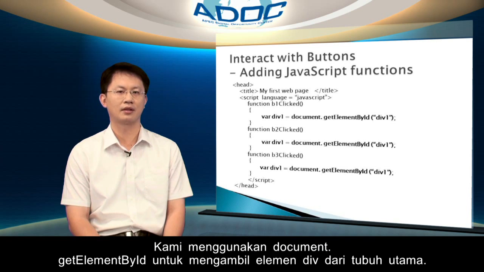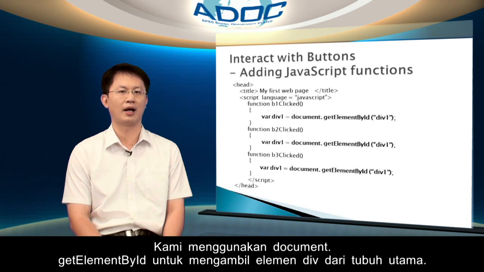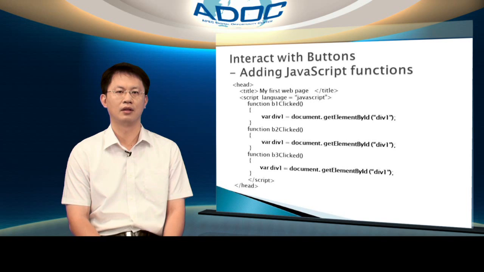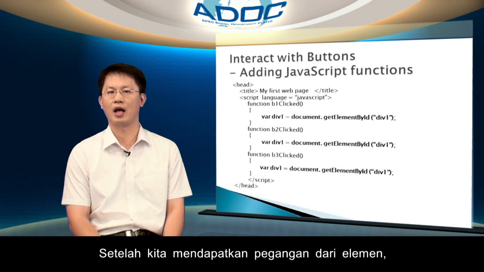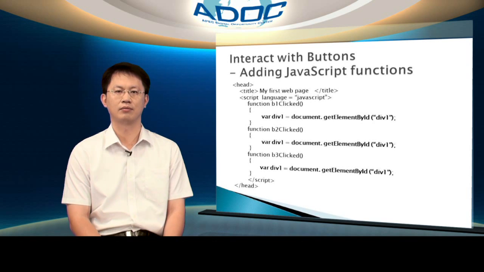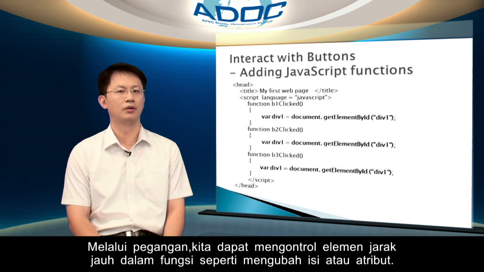We use document.getElementById to retrieve the div element from the main body. Once we get the handle of the element, we use the variable div1 to save the information and use it inside the functions. Through the handle, we can control the element remotely in the functions, such as changing the content or attributes.